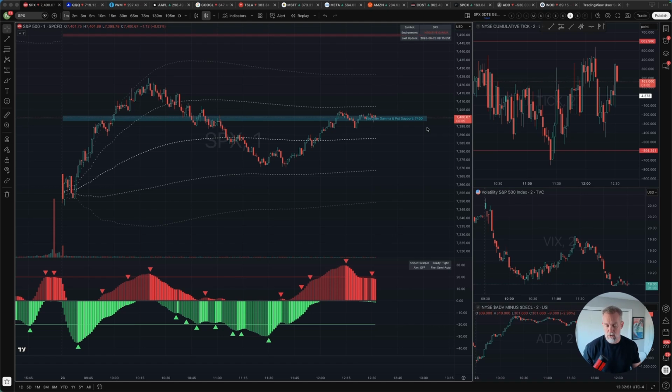As I said before, they use gamma exposure to measure their delta hedging, right? So gamma measures the rate at which delta changes. So it's sort of the speed of the acceleration of delta.